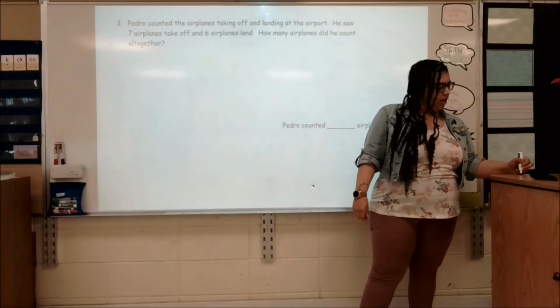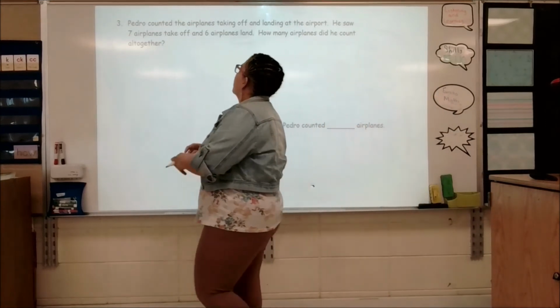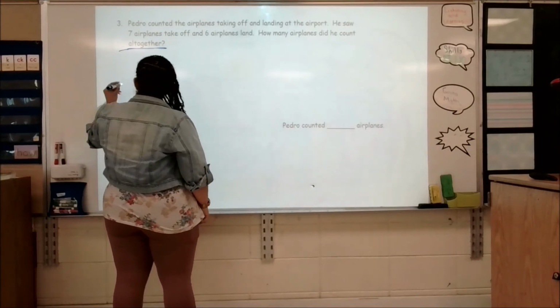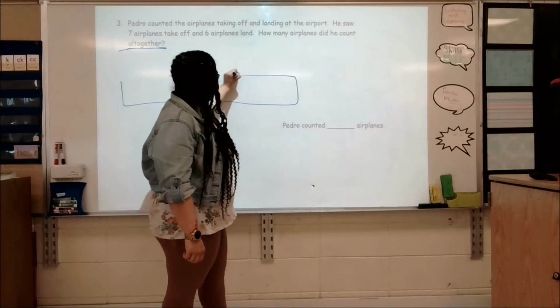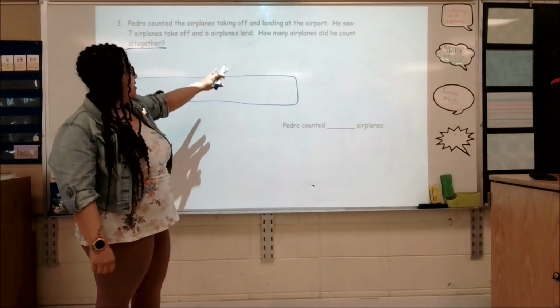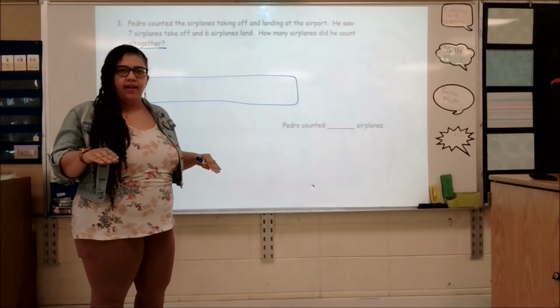Now, let's make our tape diagram to reflect our parts. Because they're coming together, all together, to make our whole. So based on those numbers, these two should be about the same size. 7 and 6. My parts are almost matching, right?